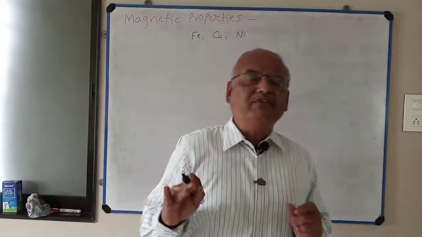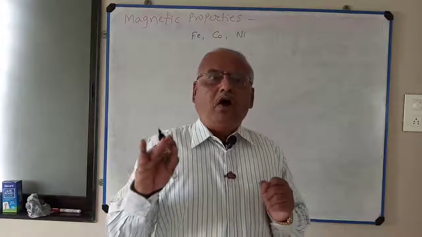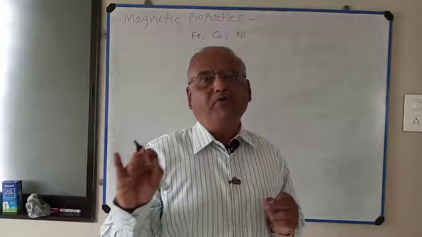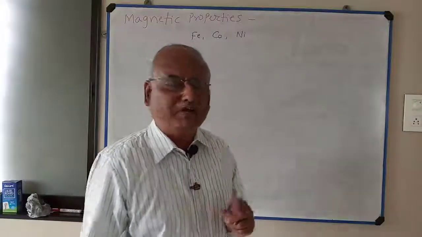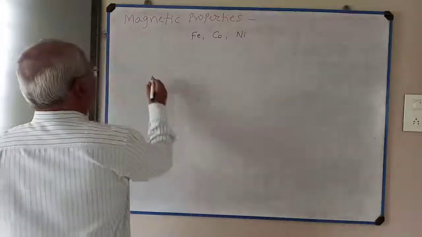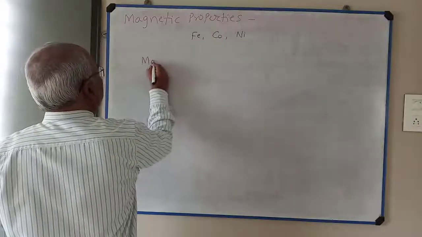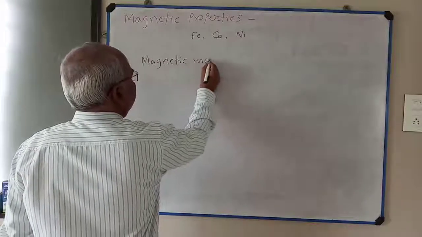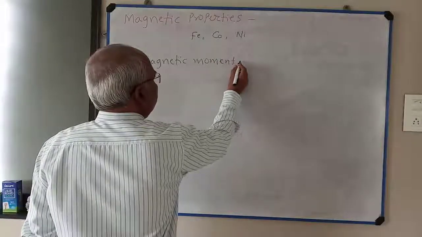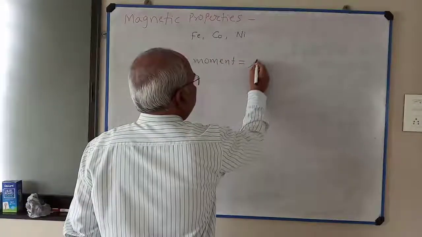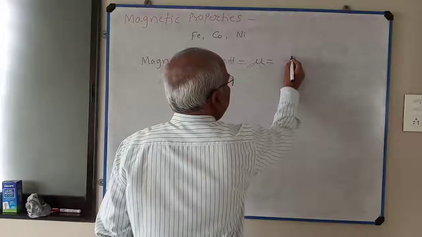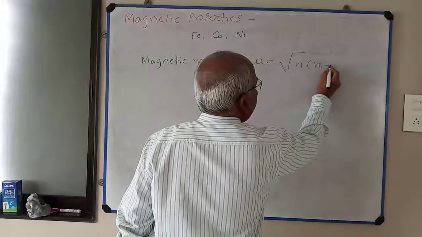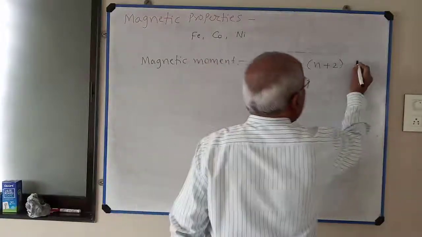In first transition series, orbital angular momentum is neglected. So, magnetic moment mu is equal to under root of n into n plus 2 Bohr magneton.